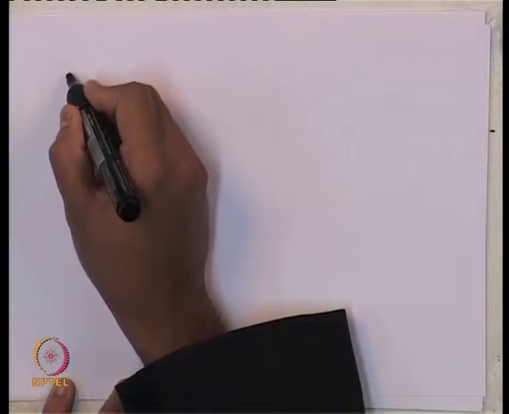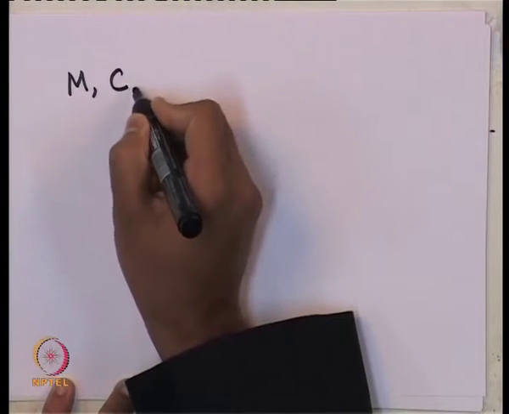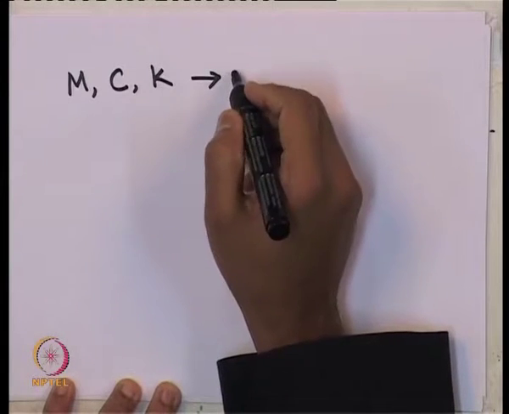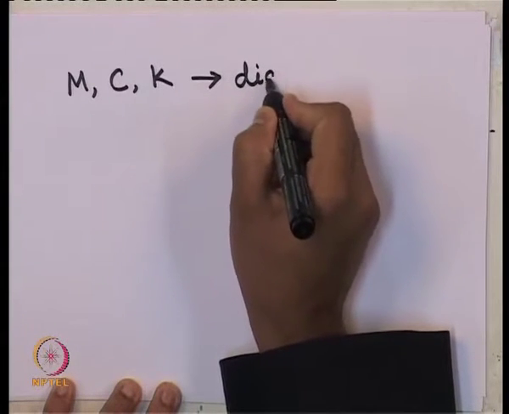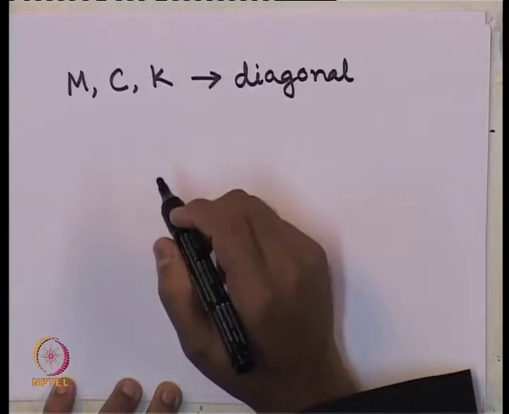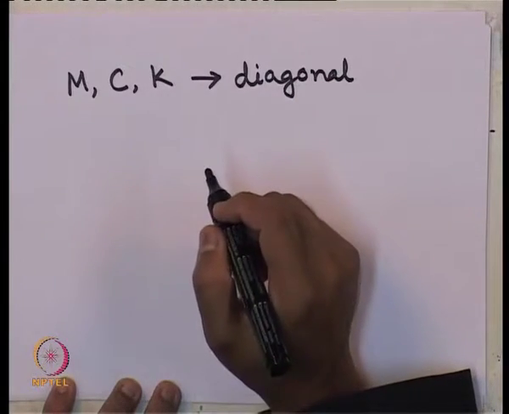All the mass, damper and stiffness matrices were uncoupled. That is called the natural coordinate system. So, when M, C, K are all diagonal, we call it the natural coordinate system.